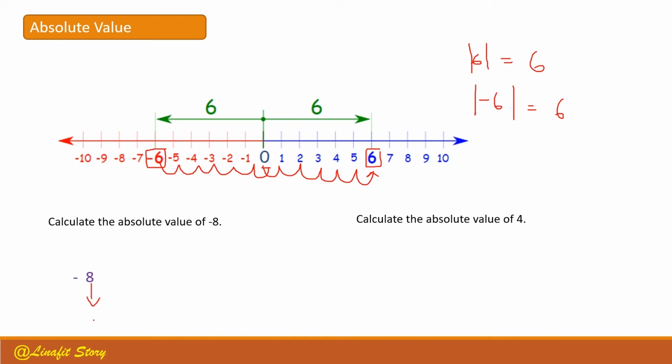In this case, by dropping the sign, we realize that the absolute value of negative 8 is 8. We can write it as the absolute value of negative 8 is 8. Next, calculate the absolute value of 4. The absolute value of 4 is 4.